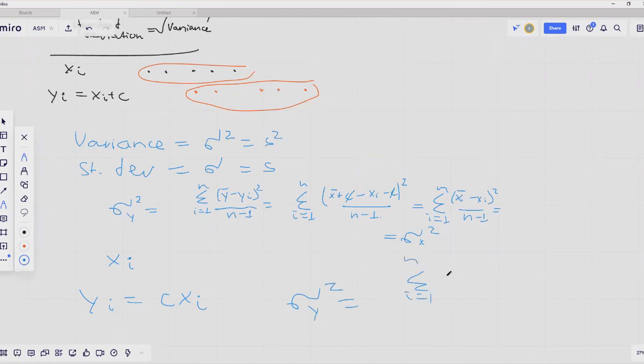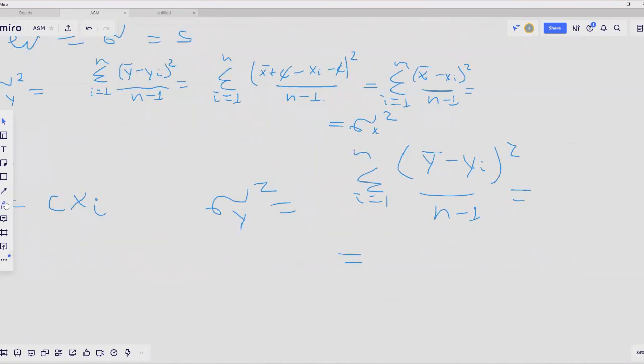Sum from 1 to n of (yi minus y bar) squared over n minus 1. Now we know from properties of the arithmetic mean for a scaled sample that y bar is equal to c x bar, and yi is c xi.